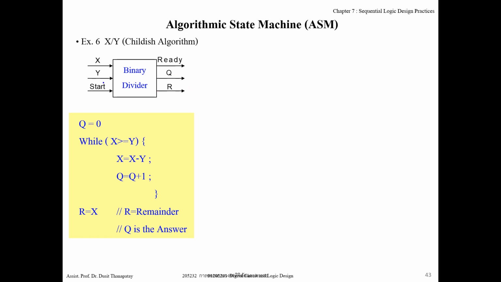For example, if input X is 20, Y maybe 3. So in this algorithm we compare whether X is greater or equal to Y or not. If yes, then we subtract Y from X, namely 20 minus 3, then it's 17, right?